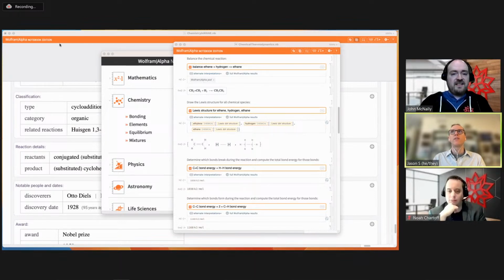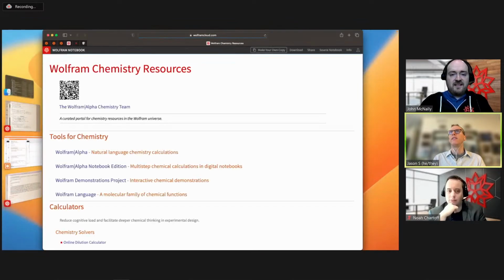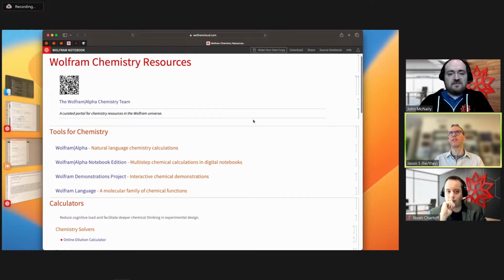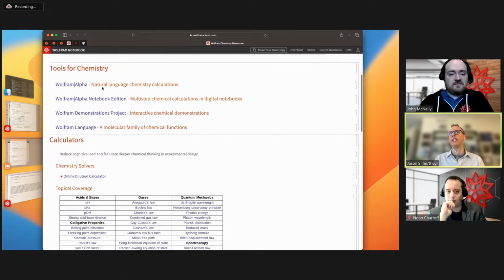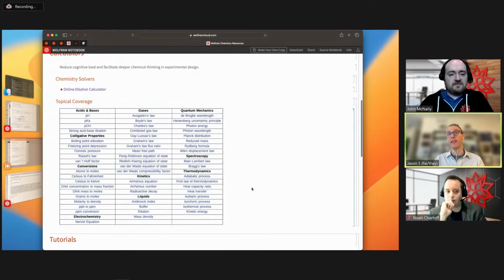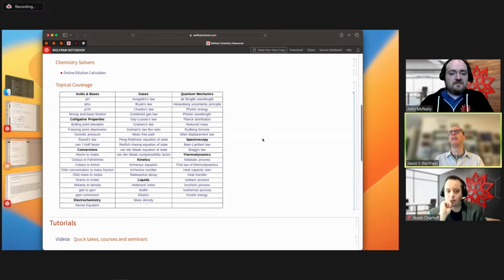Let me just drag that over. Sorry for the lots of movement on the screen. So yeah, we've put together this in-house, chemistry-curated resource that we use to keep track of all the lots of stuff that we have. So links to the main pages, as I mentioned before, we have lots of calculators, and these are growing. There's another 12 or so that are currently in the pipeline.